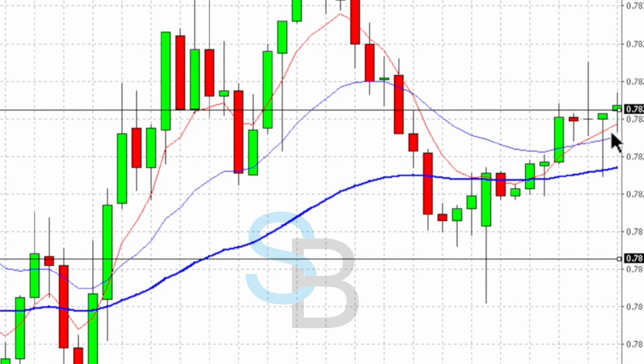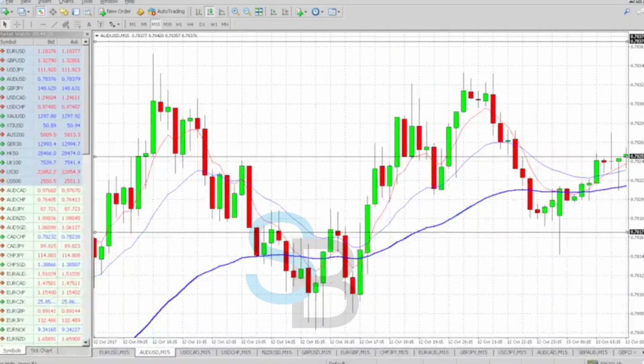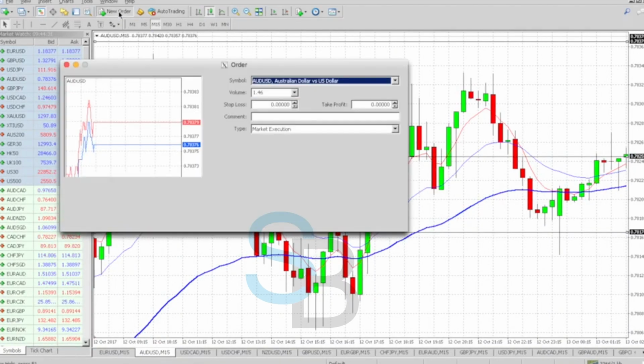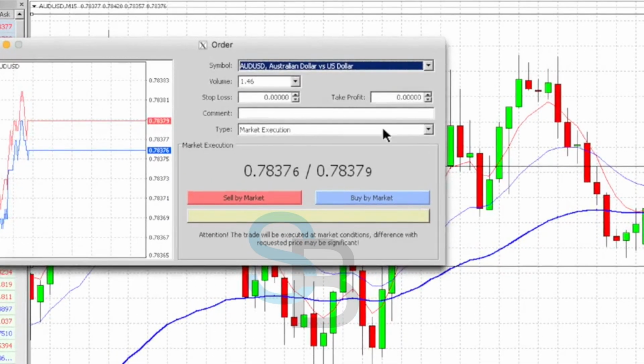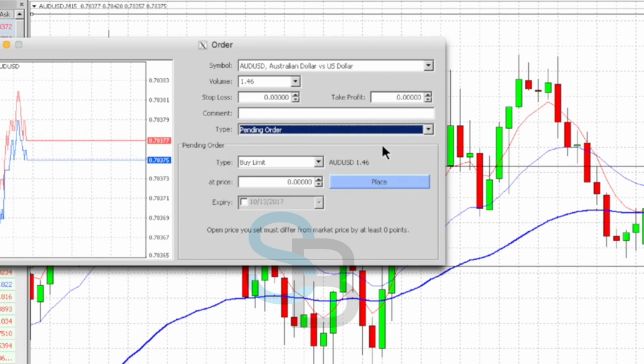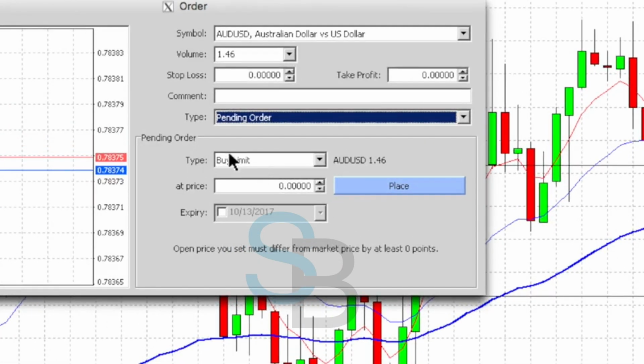If the price has moved above my intended entry price, I do not use a buy stop order anymore. A buy stop order means you want to buy higher than the current price. But if it's really moved above my intended price, I want to only buy when it comes back down. So I use a buy limit order. I go to pending order and use a buy limit instead.